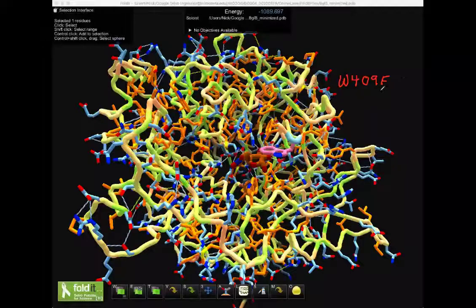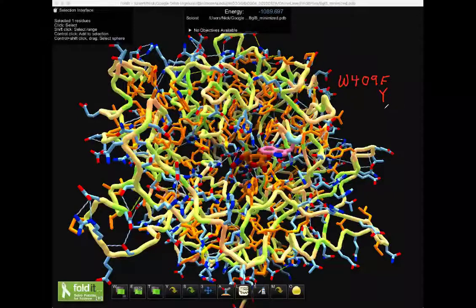Another substitution you could make is W409Y, so mutate that tryptophan to tyrosine. Tyrosine's like phenylalanine, except that it has a hydroxyl group. So now we're adding a little bit of hydrophilic nature to this amino acid that is otherwise hydrophobic. That could tell us something about the nature of the interaction with the substrate, if any.